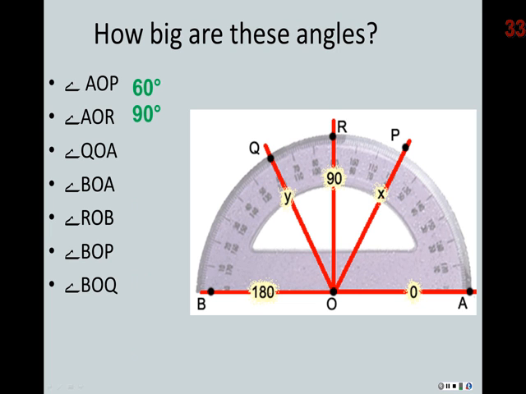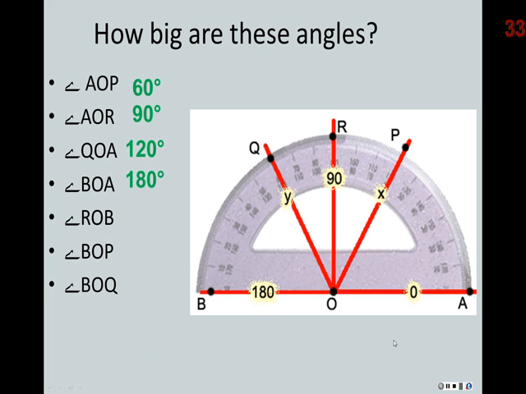And you said that QOA is 120. Yeah, it looks like 120 to me. BOA. That's easy. What's BOA? 180, because it's a line, right?